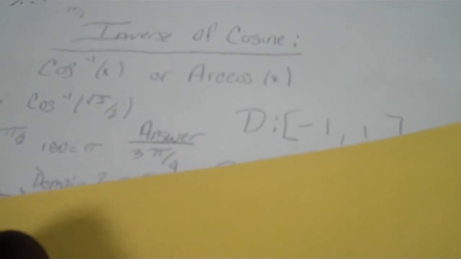So this is the adjacent, right here, and the hypotenuse is right here, of 2. With these values, you can also identify that it is a 45, 45, 90 degree triangle. And the answer to this problem would be 3 pi over 4.